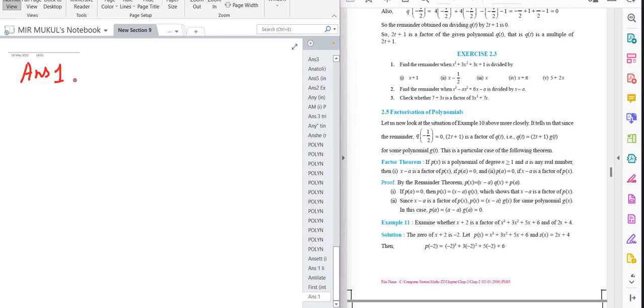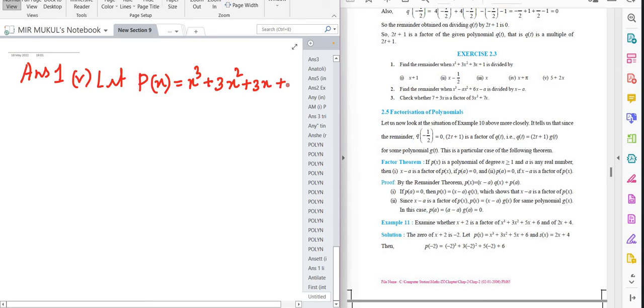Answer 1 part 5. Let P(x) equals x cube plus 3x square plus 3x plus 1. So we are dividing this by 5 plus 2x. So 5 plus 2x equals 0.